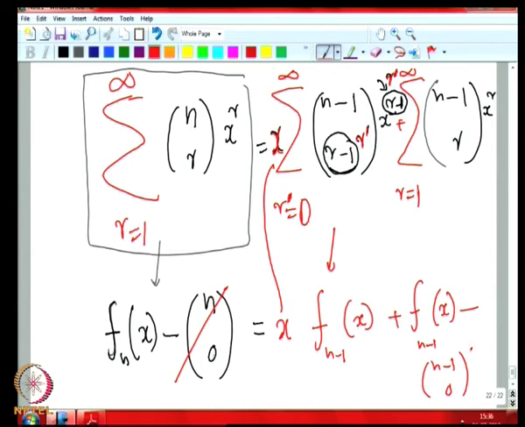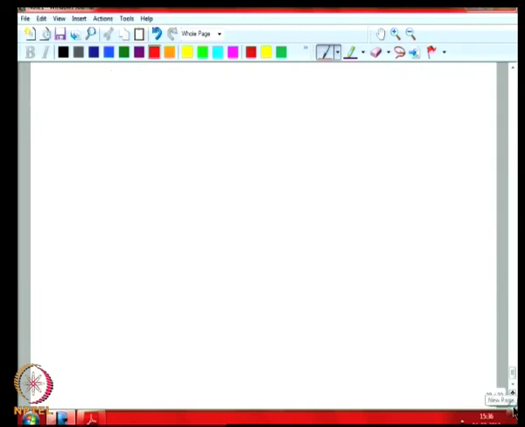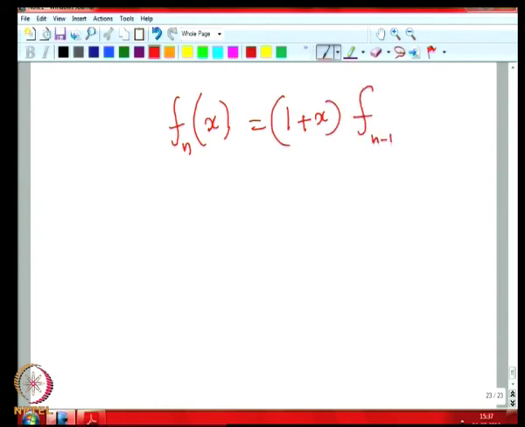So, in the worst case n minus 1 can be 0, 0 choose 0, therefore both are 1. So, we cancel it off, it is not necessary. Now, no need to rearrange, we can combine x f n minus 1 of x plus this one. So, that is f n of x equal to 1 plus x into f n minus 1 of x.